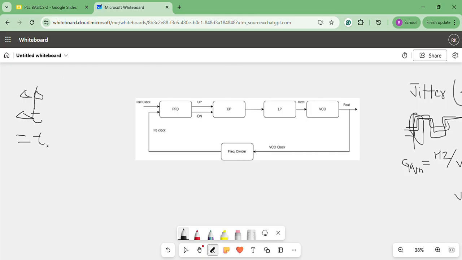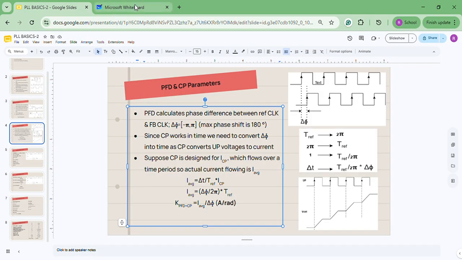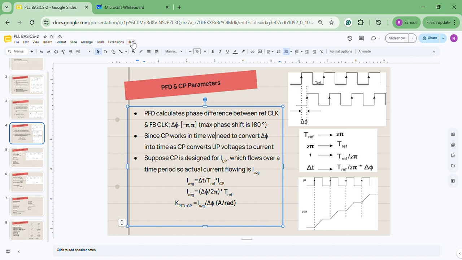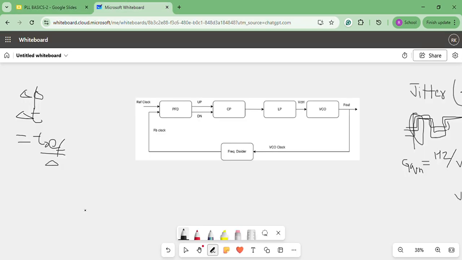T reference is the time period of our reference clock. So our delta t is T reference by 2 pi into the phase difference. This is how we have calculated delta t out of delta phi.